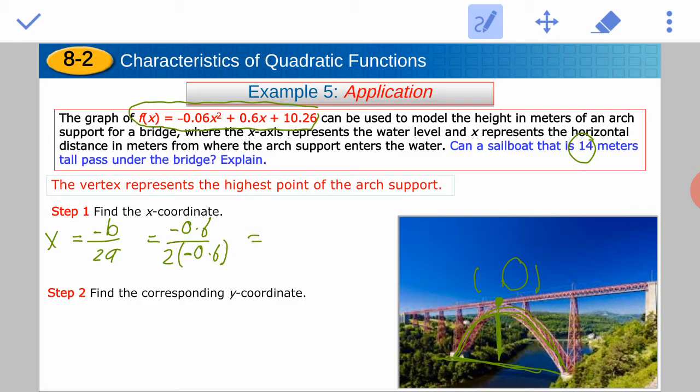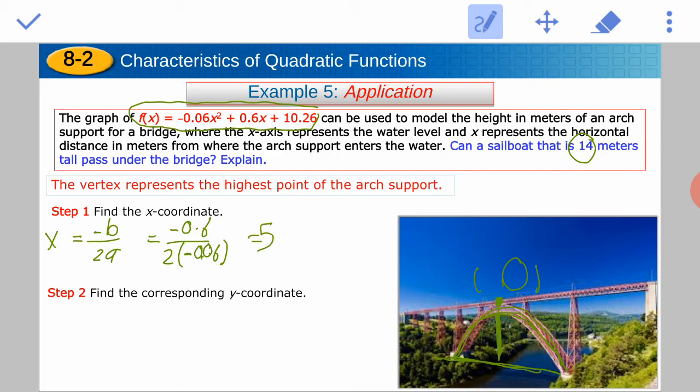Okay, guys, if you put that in the calculator, it's gonna be a positive number. Let me double check with the calculator. Negative 0.6 divided by 2 times negative 0.06 is equal to 5. So it's gonna be 5, guys.